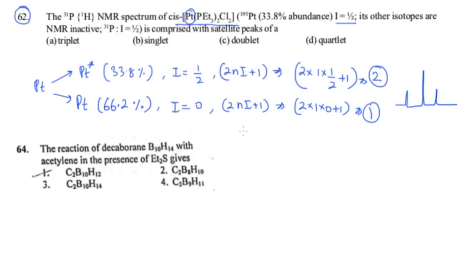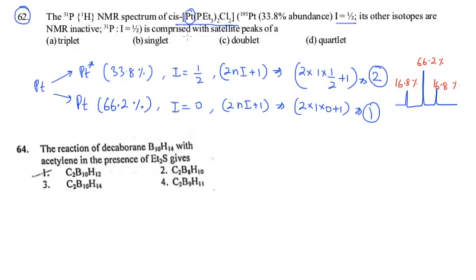Over here, the NMR inactive one has higher abundance, so its height will be more. The height will be 66.2% for the higher one. For the lower ones, since the abundance was 33.8, we can distribute it among the two of them, so it will be around 16.8% for each of these smaller peaks.